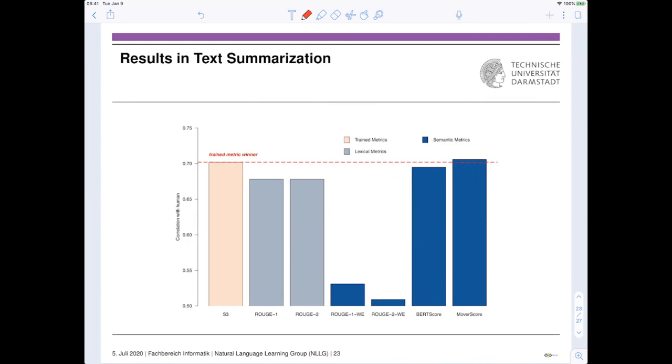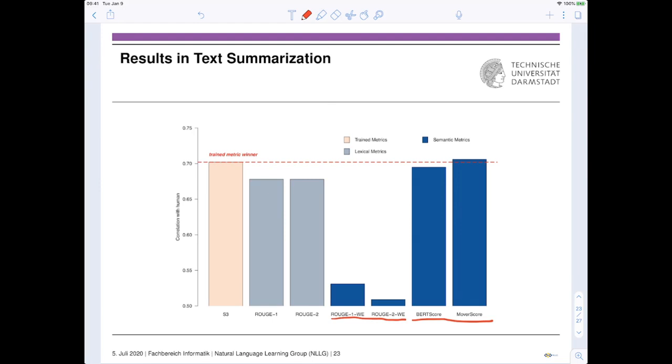Let's see the results in text summarization. The trend is very similar to machine translation, where we can see BERTScore and MoverScore are able to outperform everything, but one point that is different from machine translation is that the semantic metric here is very bad. It performs much worse than the lexical metric.